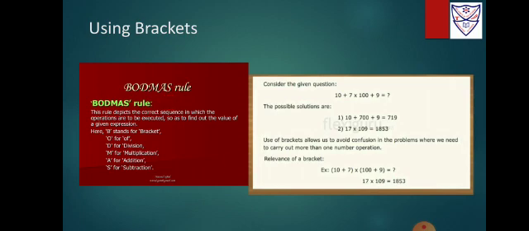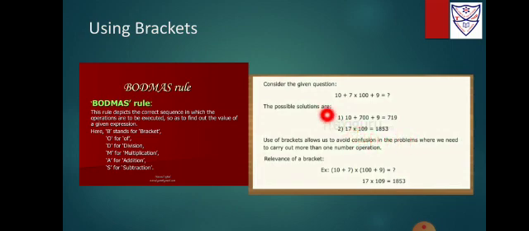Let us understand this with one example. For example, 10 plus 7 multiply 100 plus 9 equals how much? Here no brackets are there, so it can be done two ways. 10 plus 700, that is 7 multiplied by 100, plus 9, equals 719, or it can be 10 plus 7, 17, multiply 109, which equals 1853.